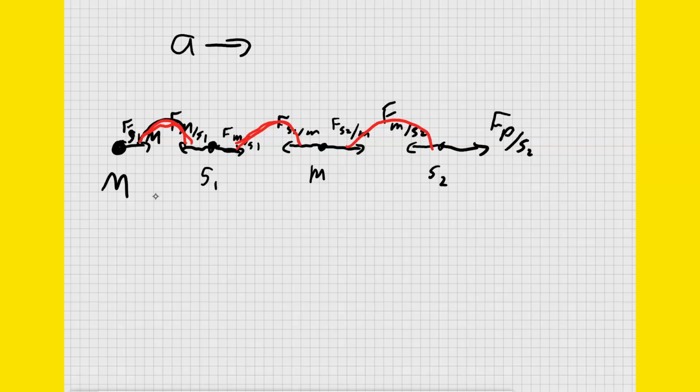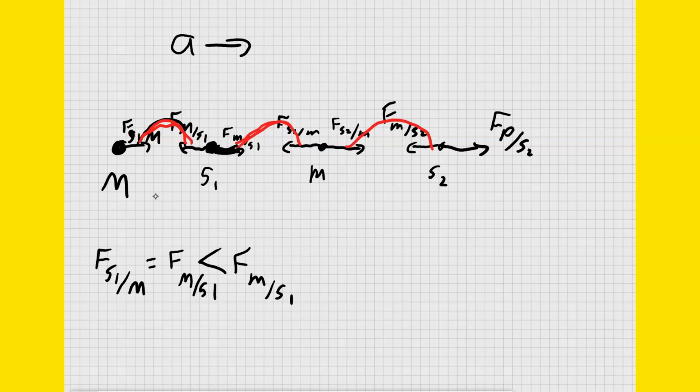So, knowing that, we can say the force of string 1 on big M is equal to the force of big M on string 1. But the force of big M on string 1 must be less than the force of little m on string 1 because of the acceleration pointing to the right.